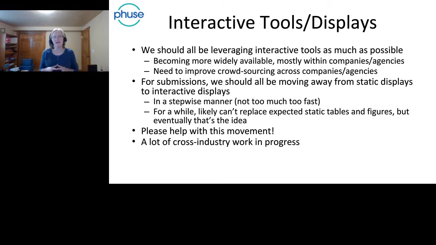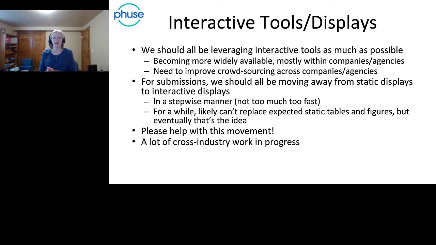We're kind of working in silos right now. Companies have interactive tools, agencies have interactive tools, and we really do need to improve our crowdsourcing on this so that we're not working in silos as much. But to the extent possible, we should be leveraging any and all available tools for safety review. It's really prime for interactive safety review.